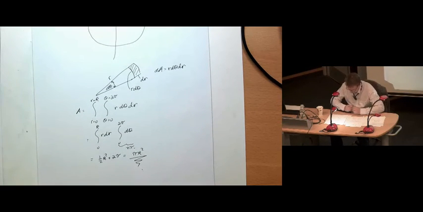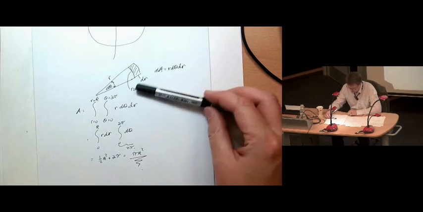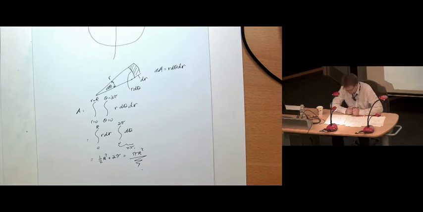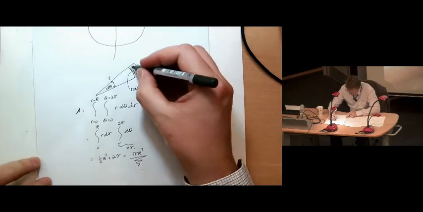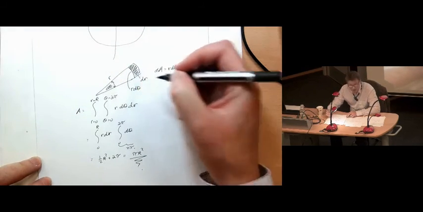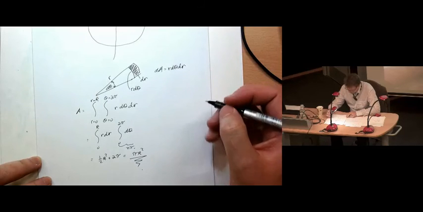So again, by placing the question with the right coordinate system with the same symmetry as the problem, it's fairly easy then to work out what the total area is. Another way to think about this is instead of adding up just this little square, we could add up a ring.